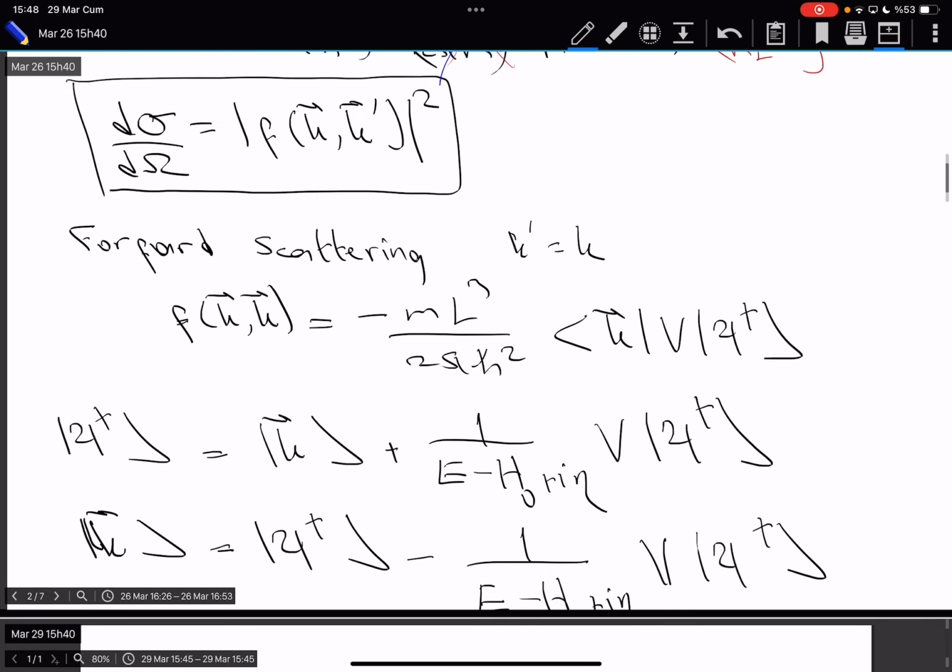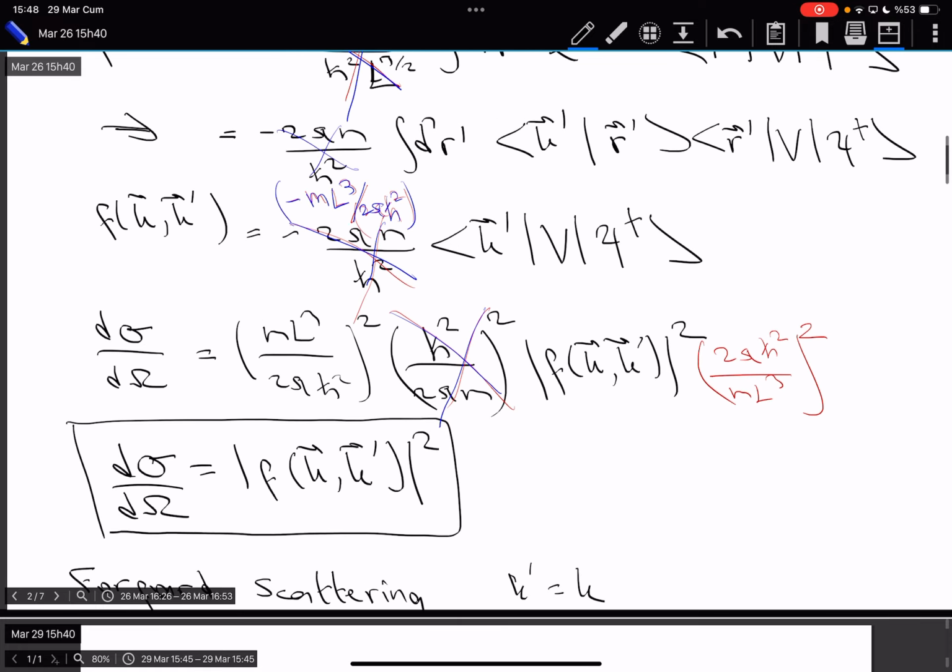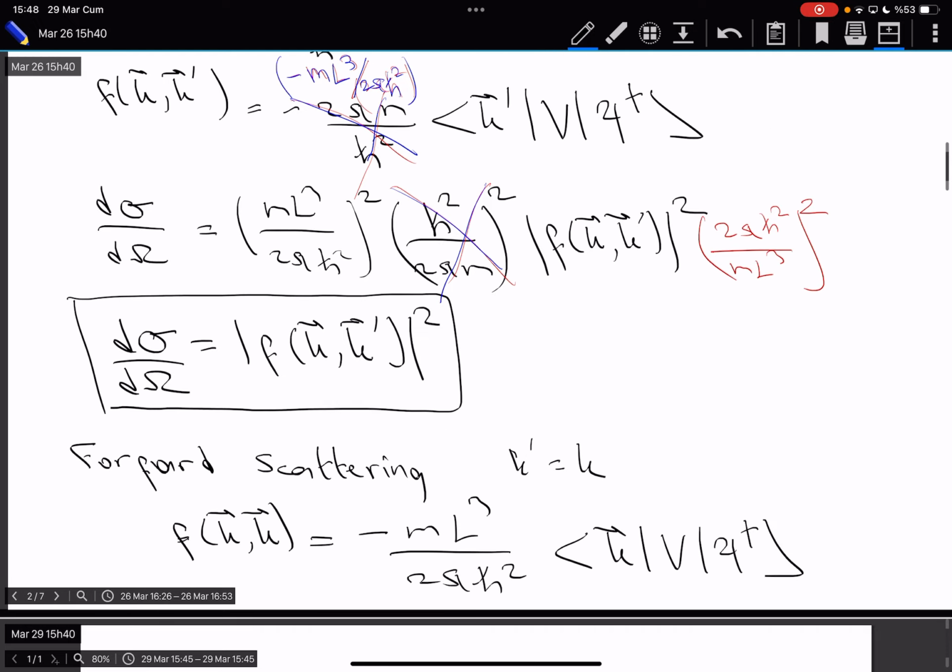Then we looked at, as we mentioned, the optical theorem, which was basically an observation for the forward scattering amplitude. We take this f. Remember, f is the scattering amplitude from an initial momentum h bar k to a final momentum h bar k prime.